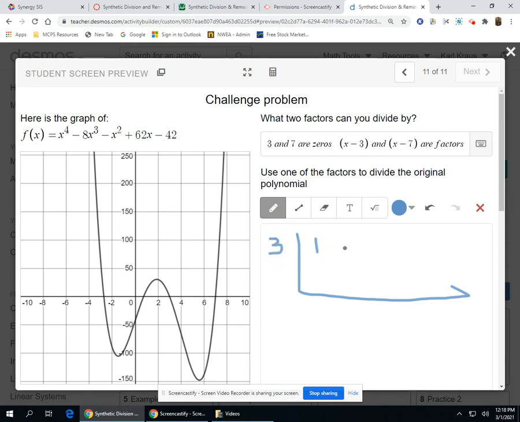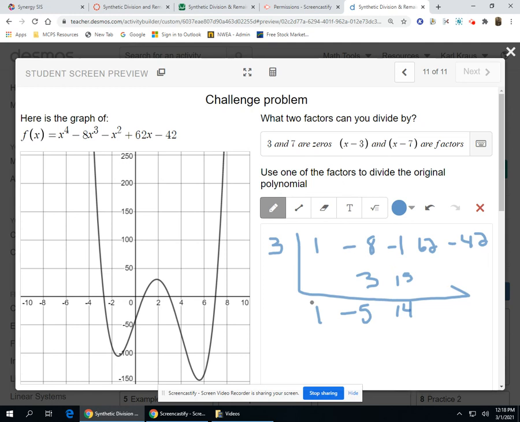So 1, negative 8, negative 1, 62, and negative 42. Multiply, add, multiply, something's wrong here.